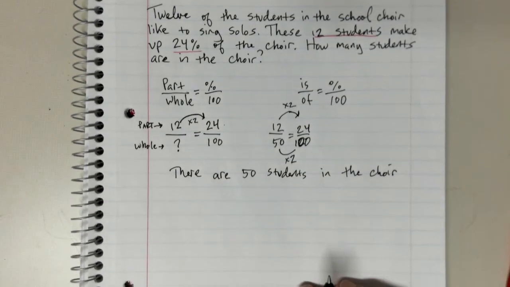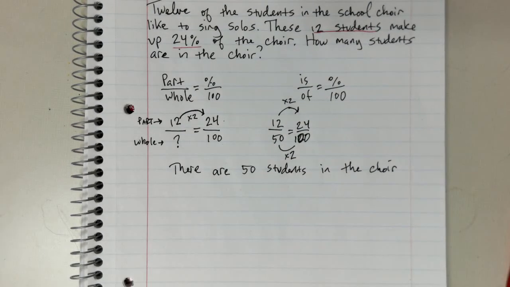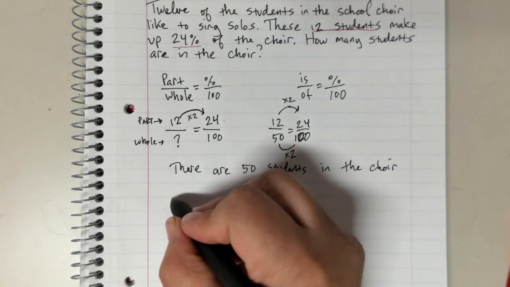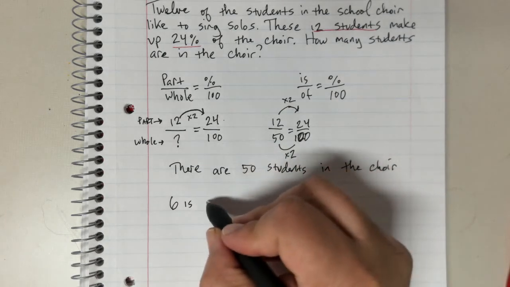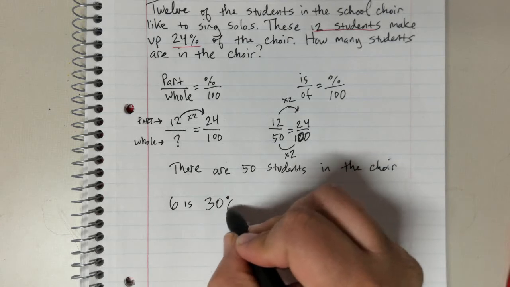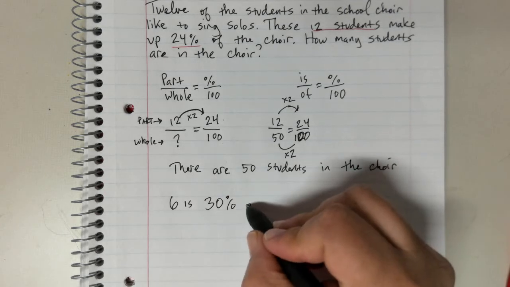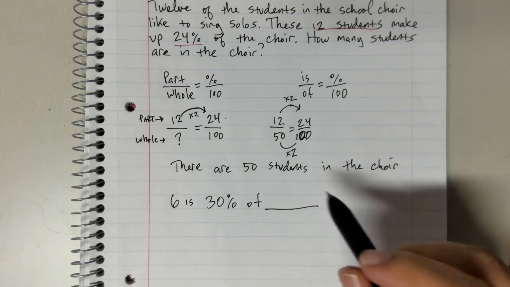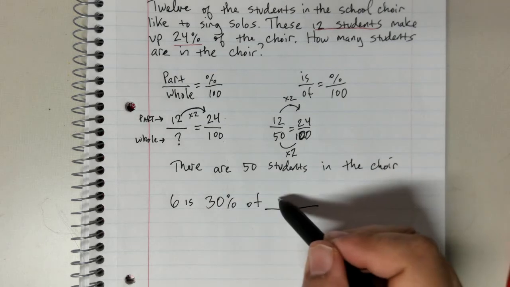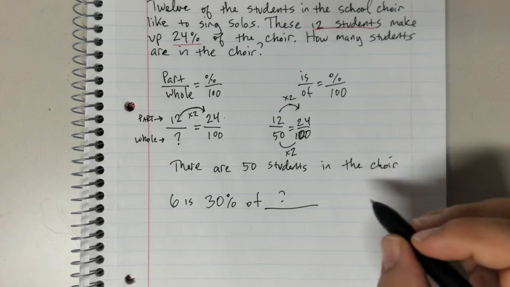Now you also may see a question just written this way. 6 is 30% of what number? So once again, we're looking for the of. The of is what we don't know.